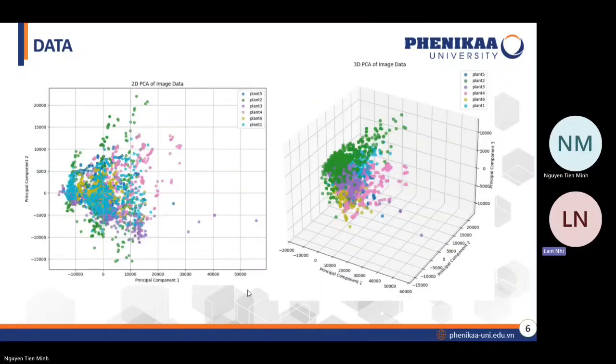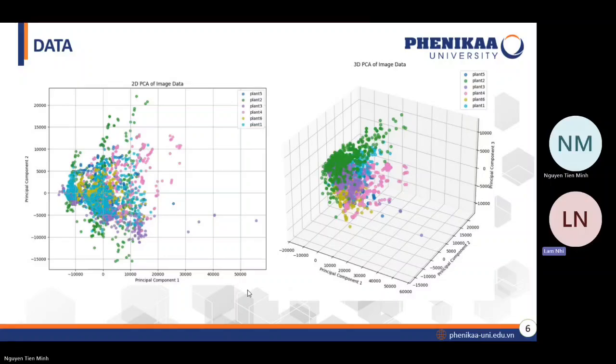To get a sense of the dataset, feature distribution, and the separability of the classes, we perform an exploratory principal component analysis (PCA) on the image data.